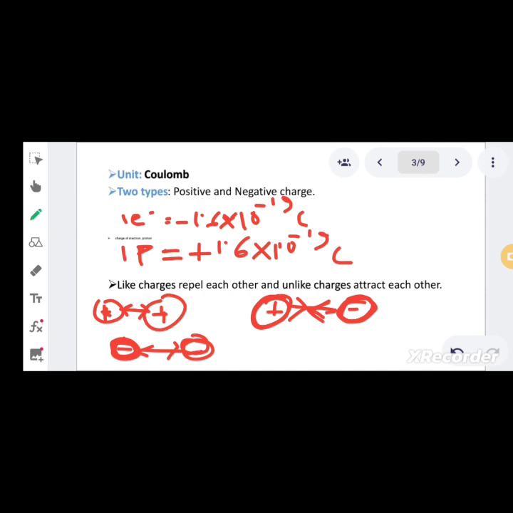Similar in the case of negative and positive, same thing. This negative charge will try to pull this positive charge towards itself, and this positive charge will try to pull this negative charge towards itself. So this is the story.